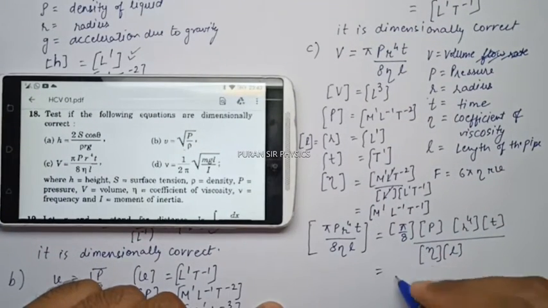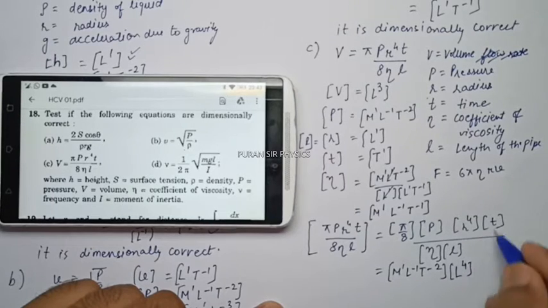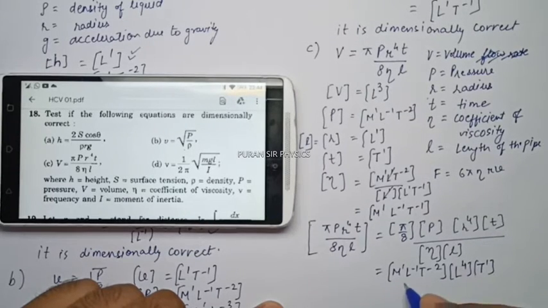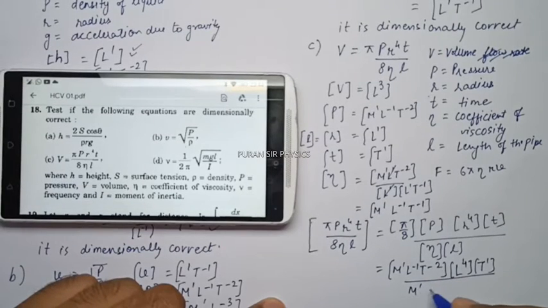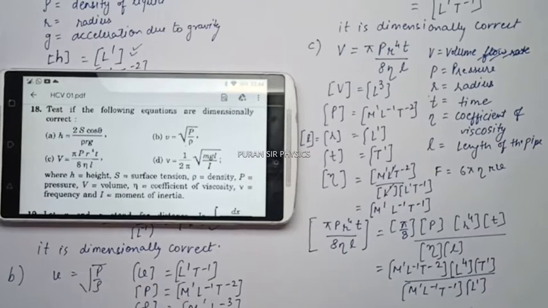So it is a dimensionless constant, and P is M raised to power 1 L raised to power minus 1 T raised to power minus 2. r raised to power 4 will be L raised to power 4, and it is time, and coefficient of viscosity is M raised to power 1 L raised to power minus 1 T raised to power minus 1, and this is L raised to power 1.